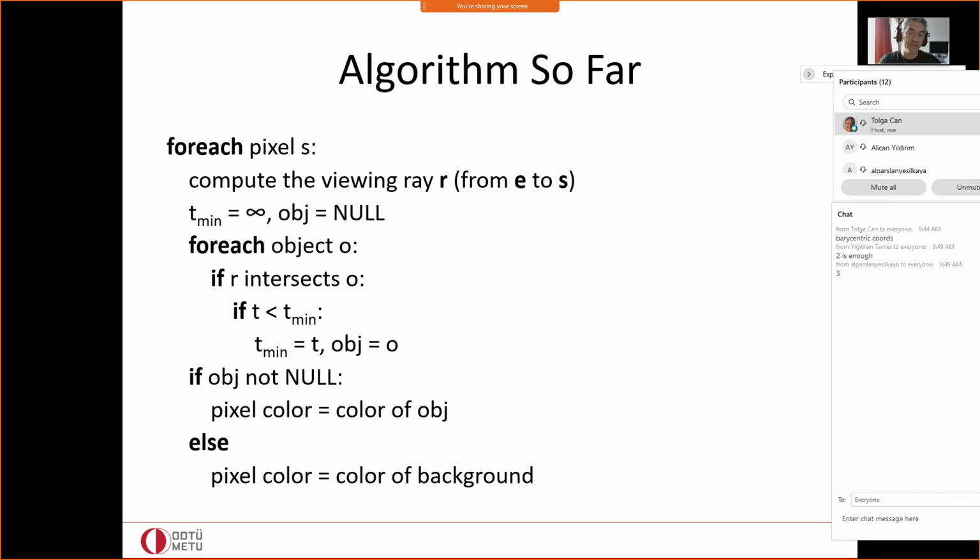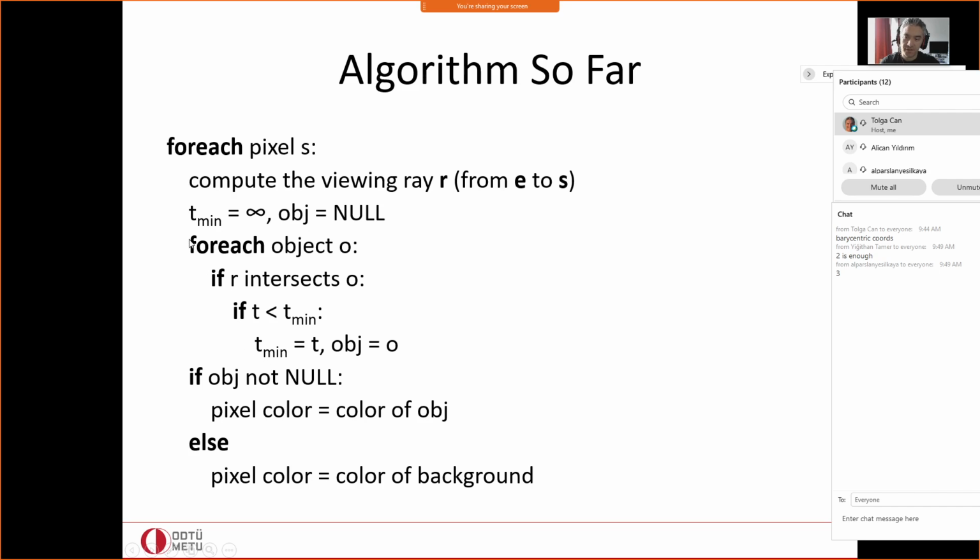Triangle has a constant normal along the triangle surface. If it's a sphere, the normal changes along the sphere surface. So I need to know which object it is. Not only for normal computations, also I need to get the color of the object, the material properties of the object. So I need to keep track of the object that I'm intersecting with at that t min.